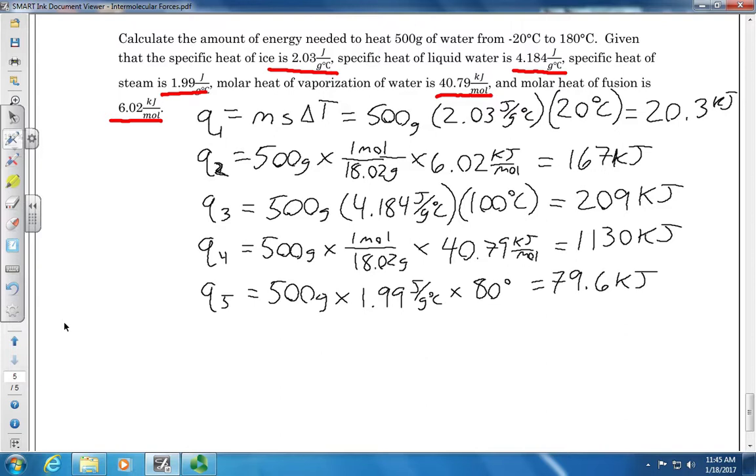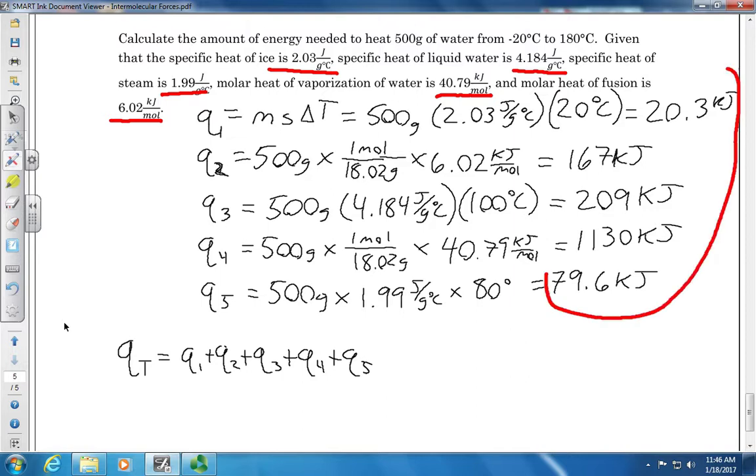So we've got all the legs of the journey. Now we just need to sum it up. So our Q total is going to equal Q1 plus Q2 plus Q3 plus Q4 plus Q5. So basically all you're doing is adding all 5 of those numbers together.